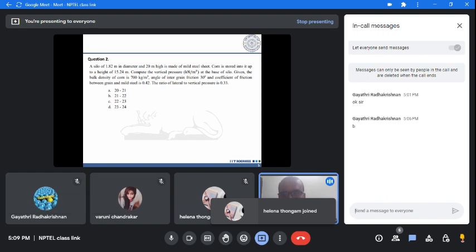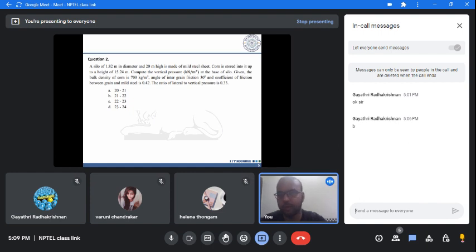This is a numerical answer. If you know the method, you can solve it. This is a question of a silo that has stored corn, and you need to tell the vertical pressure at the base of the silo.